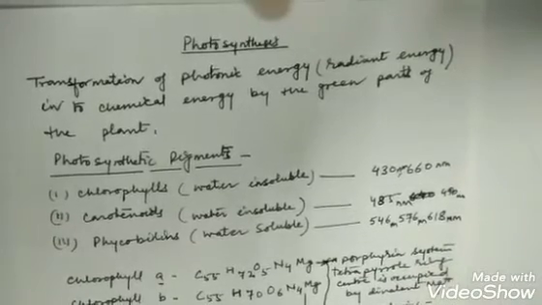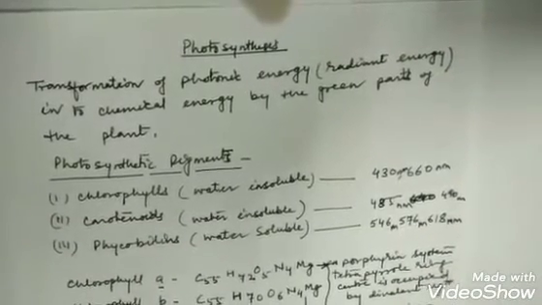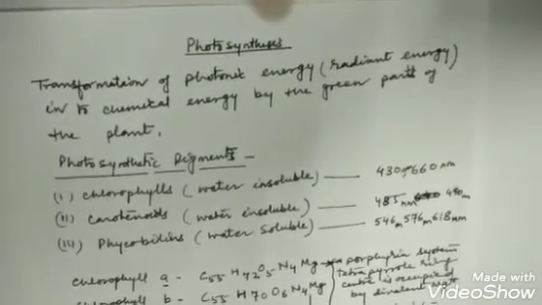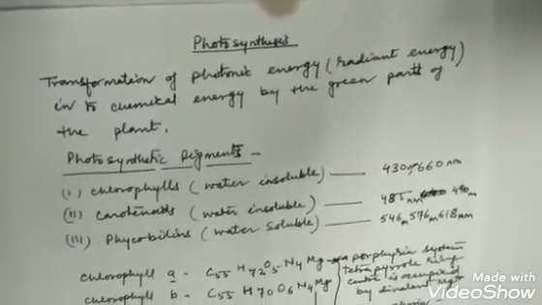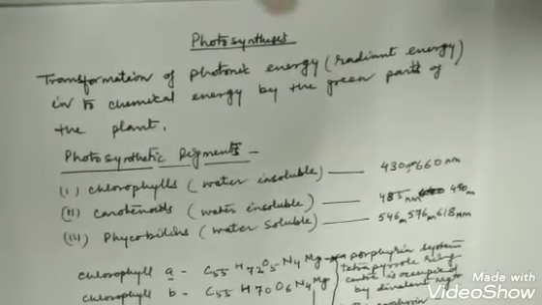These chlorophyll molecules are especially responsible for the absorption of light quanta, whereas the carotenoids and phycobilins are the accessory pigments. There are two types of carotenoids, that is carotene and xanthophyll, and there are two types of phycobilins, that is phycocyanin and phycoerythrin.